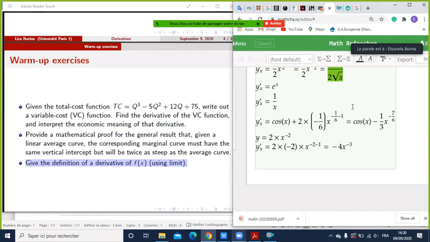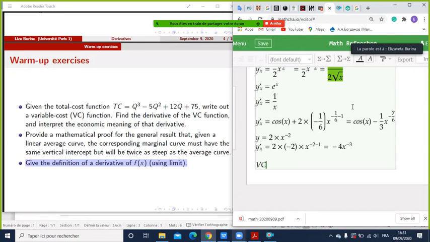Now we have to write the variable cost function. Variable cost is the part of total cost that depends on the quantity produced. So you know that we have fixed costs, something that does not depend on the quantity. Imagine we're making cookies. We still have to pay rent for our kitchen, whichever amount of cookies we produce. That will be the fixed cost, right? It does not depend. The variable cost is the part that depends on the quantity.